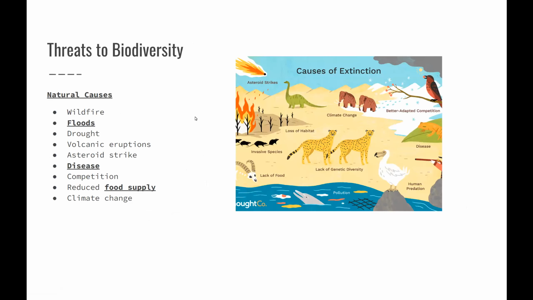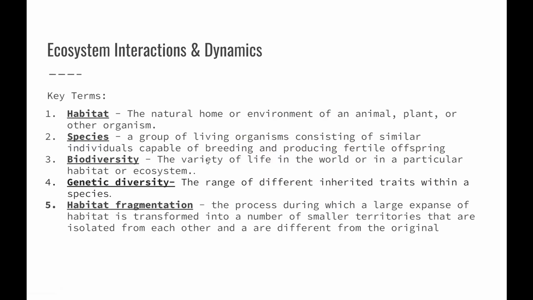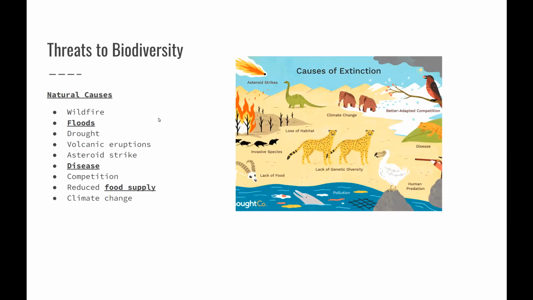Okay, so the last thing I want to talk about is biodiversity. And so remember, biodiversity is the variety of life in the world or in a particular habitat or ecosystem. And biodiversity is very important because remember when we talked about the food web, we saw that as long as organisms have various food sources, they can survive better when something happens to one particular food source.